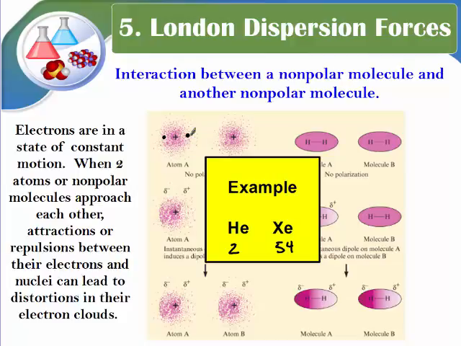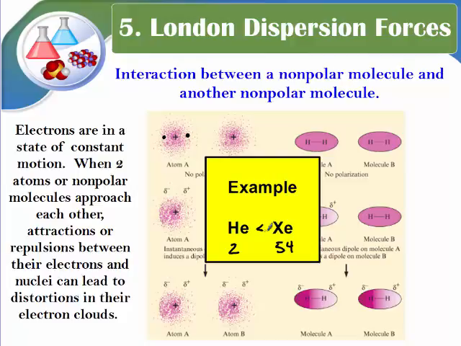If you said something that has 54, you're correct, because if you only have 2, there's a good chance they're going to stay on opposite sides of the nucleus. While if you have 54, there's a better chance that you're not going to have exactly half on both sides, and you're going to wind up with one side that has more than the other, causing a dipole.